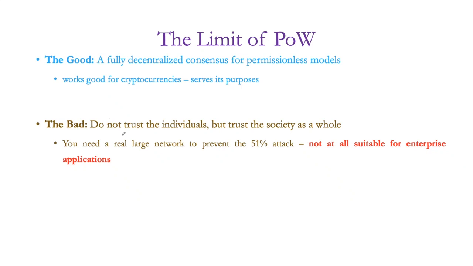You need a really large network to prevent at least a 51% attack. So it is not suitable for all enterprise applications, but it may be suitable for some closed societies that come together, following the distributed consensus algorithm with proof of work.